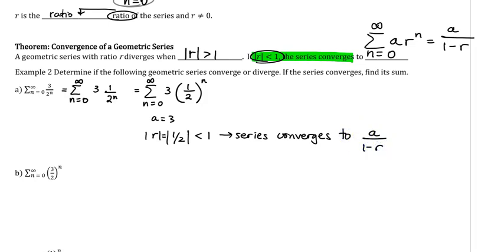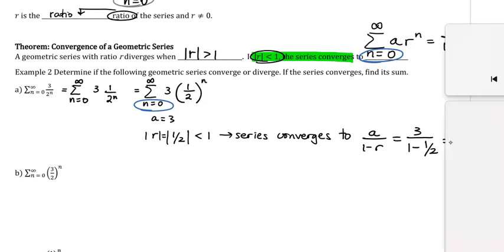I'm just going to apply that formula because the formula can be used when the series starts at 0, and our series does start at 0. So we have a, which is 3, divided by 1 minus 1/2, which gives us our final answer that this series converges to 6.